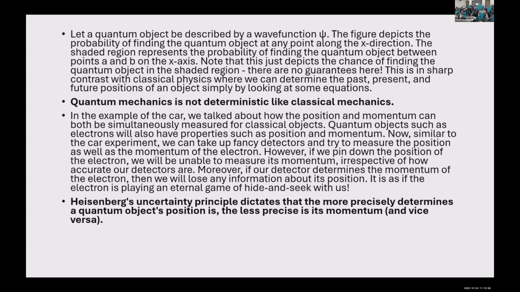Moreover, if our detector determines the momentum of the electron, then we will lose any information about its position. It is as if the electron is playing an eternal game of hide and seek with us. Okay? Heisenberg's uncertainty principle dictates that the more precisely we determine a quantum object's position, the less precise is its momentum, and vice versa.